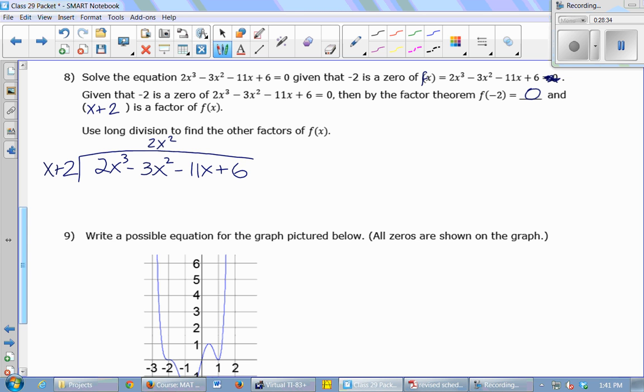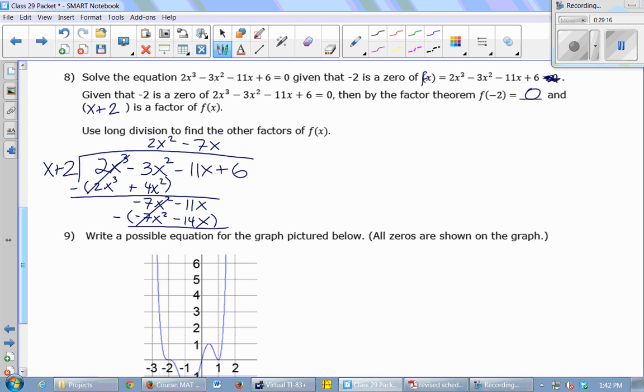Multiply your 2x squared by your divisor, so you get 2x cubed plus 4x squared, and subtract. So 2x cubed minus 2x cubed is 0. Those go away. Then you have negative 3x squared minus 4x squared, negative 7x squared. Bring down the negative 11x. What do you multiply x by to make a negative 7x squared? Negative 7x. Negative 7x times x is negative 7x squared. Negative 7x times 2 is negative 14x. Subtract.